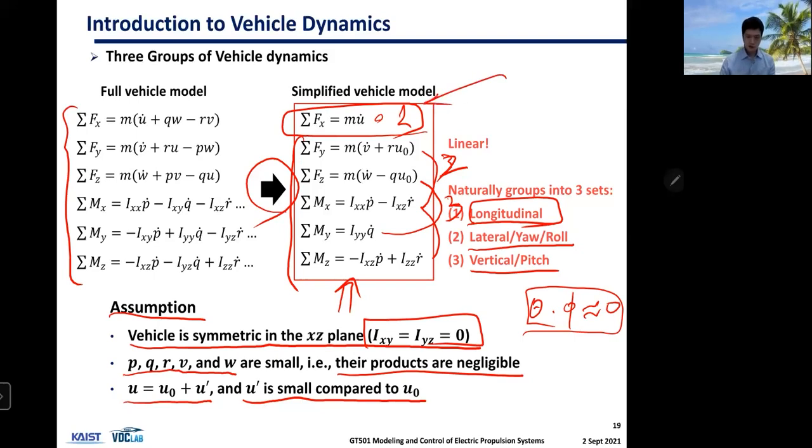I want you to have this general vehicle dynamics model concept, and if you're interested in lateral motion or vertical motion, then you will be handling some of these equations. But in this course, we're talking about powertrain, and the modeling we are interested in is going to be only longitudinal motion, okay, which is the simplest dynamic model, okay?